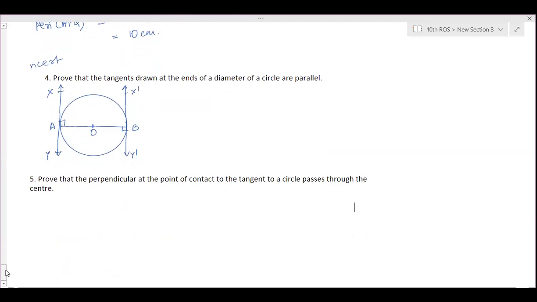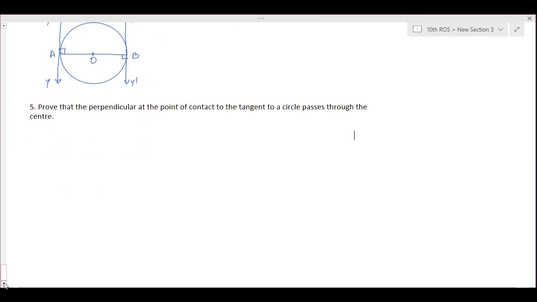Prove that the perpendicular at the point of contact to the tangent to a circle passes through the center. Converse of tangent property. Here we have to use the method of contradiction.